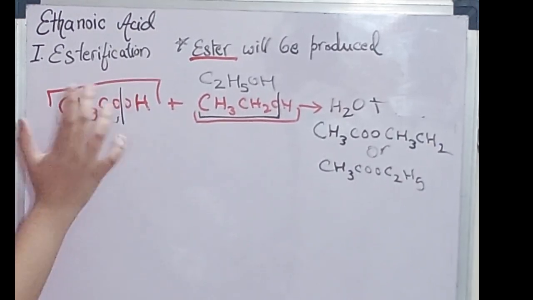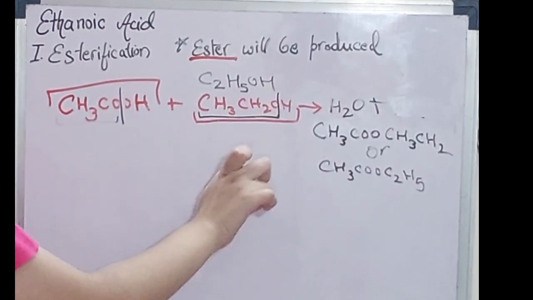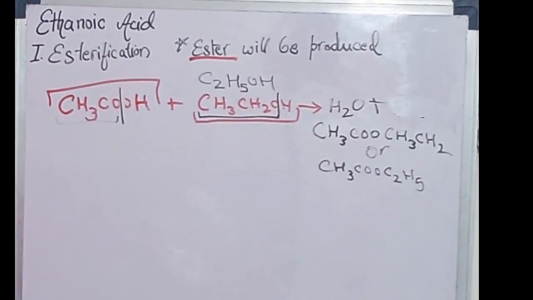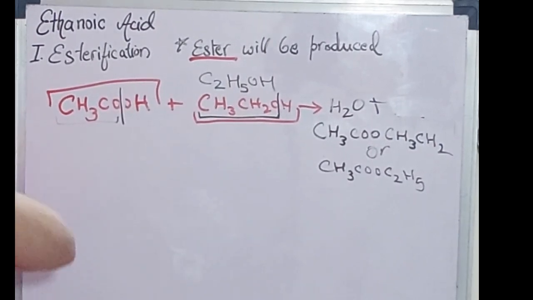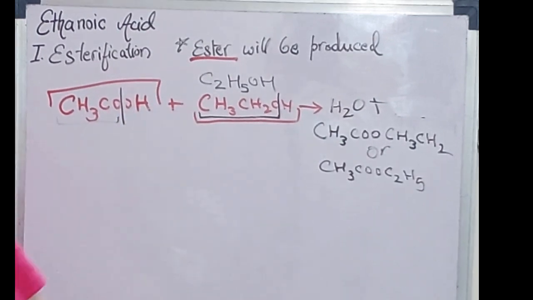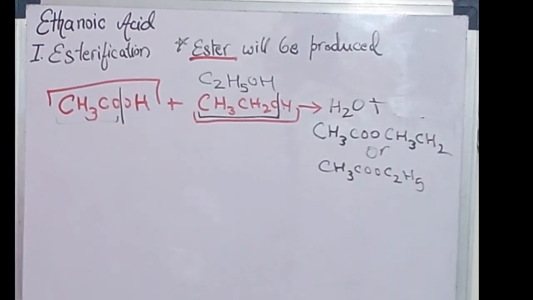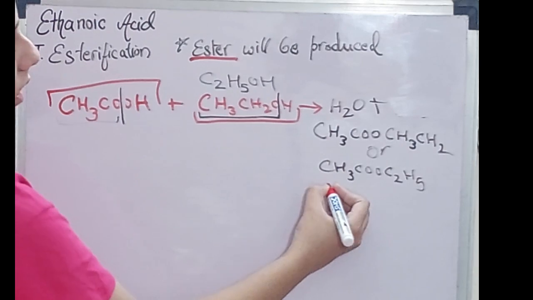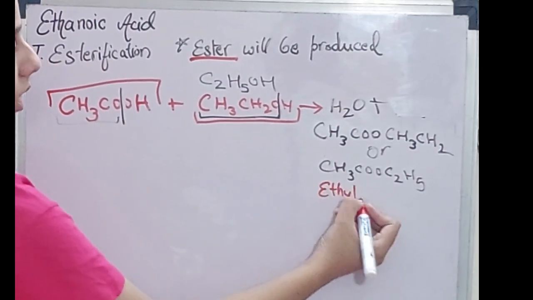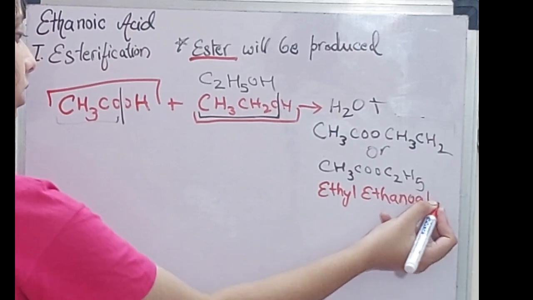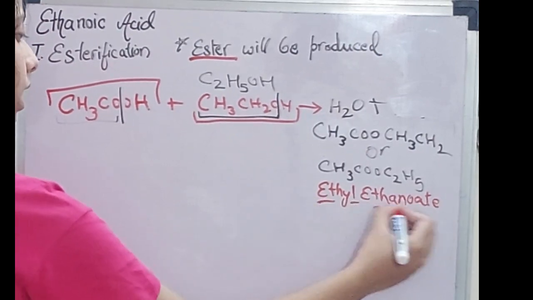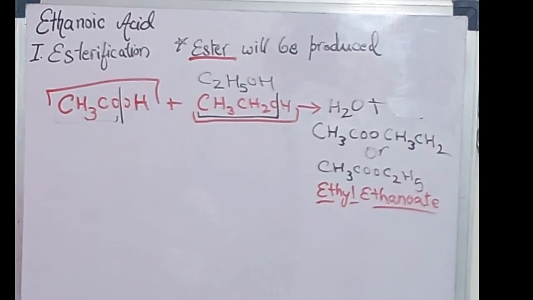OH is removed from ethanoic acid, H is removed from alcohol. So water forms as HOH. H positive, OH negative will form a bond known as water. And this ester is also known as ethanoate.